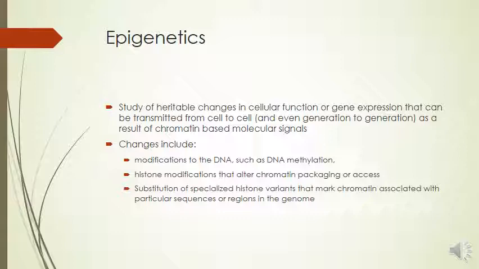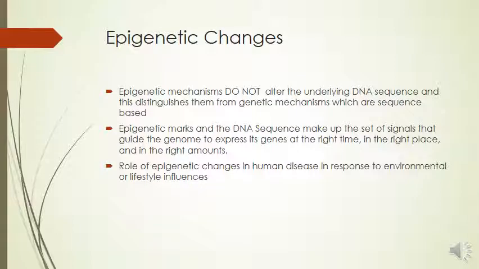You can have substitution of specialized histone variants that mark the chromatin associated with particular sequences or regions in the genome. Epigenetic mechanisms do not alter the underlying DNA sequence. That is extremely important to remember, and this distinguishes them from genetic mechanisms, which are sequence-based.